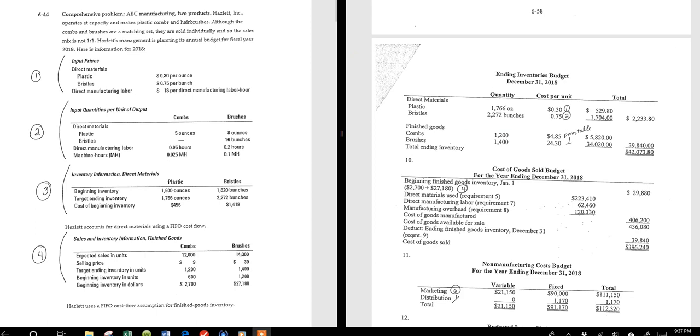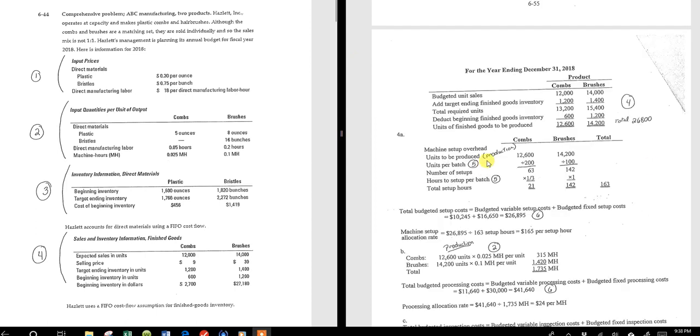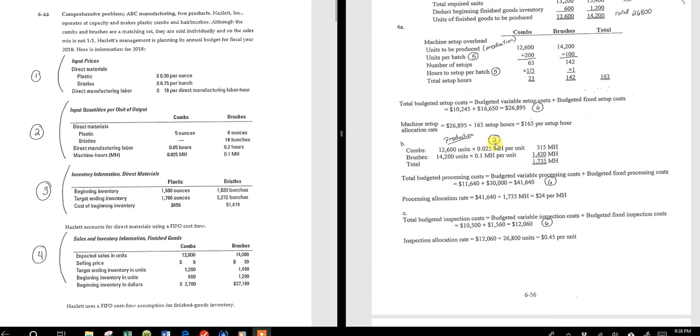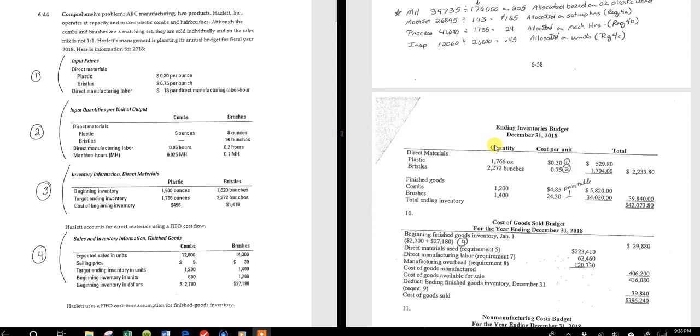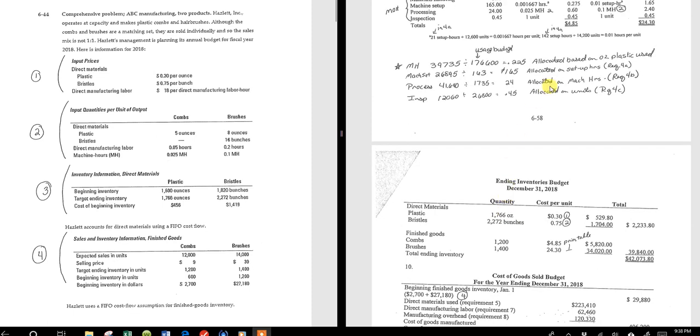I picked up the wrong number someplace. Let's point to the right one. I want ending inventory. I picked up beginning inventory. Ending inventory is 1,200 and 1,400 in your production budget, I pointed to those. Read it too quick. And I have 1,200 and 1,400, and I use my 485 and 2430. And so I have my ending inventory for finished goods.